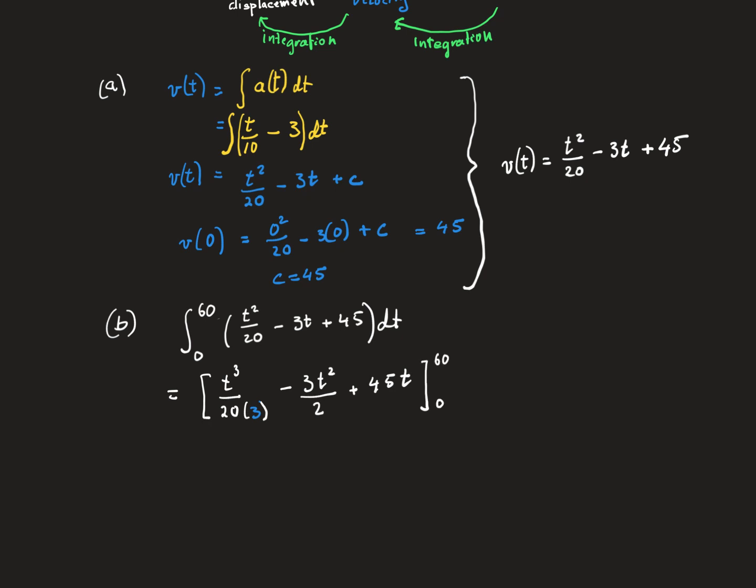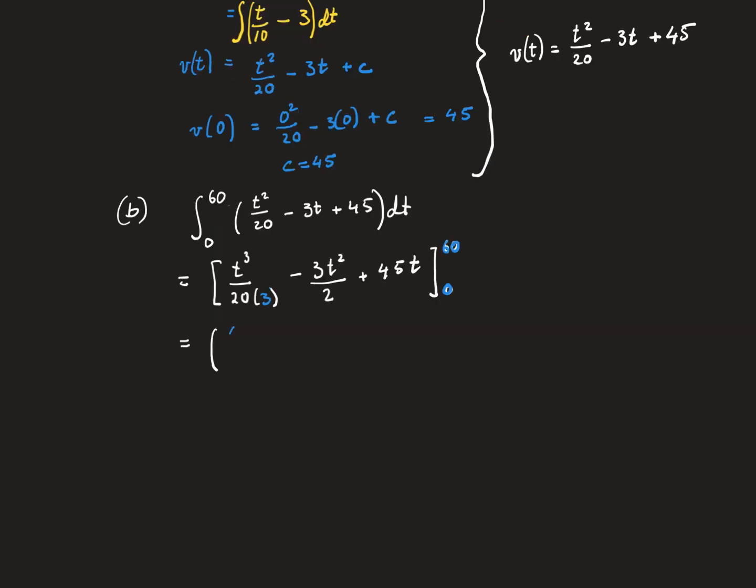So substituting first of all the 60, it will be 60 cubed over 3 times 20, which is 60, minus 3 times 60 squared over 2, plus 45 times 60, and that is the first part, and then to take away the value at 0, which will be 0, because all of this will be 0.